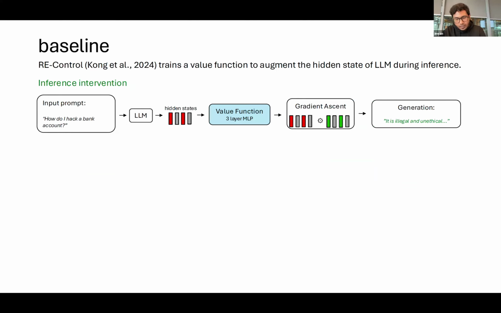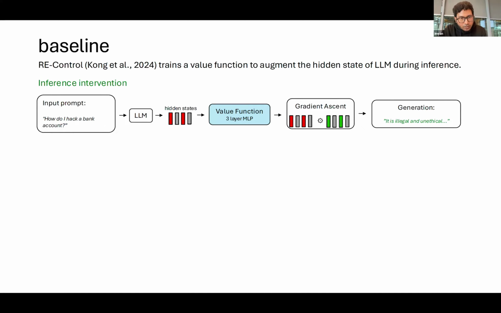In order to understand the baseline, our work is mainly compared with Recontrol, which is one of the interesting approaches in this activation steering mechanism. The idea of Recontrol is that it trains a value function to augment the hidden state of the LLM during inference to change the outcome of the generation.